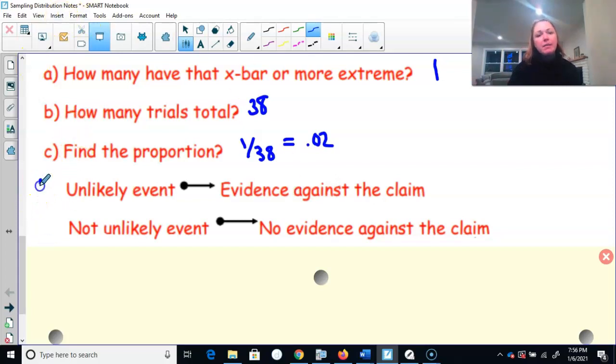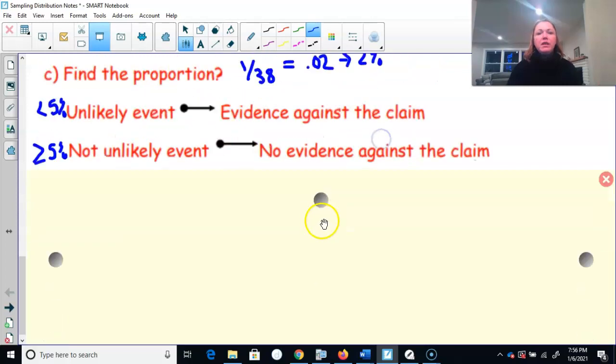Our benchmark is that something has to be less than 5% in order for it to be unlikely. If something is greater than or equal to 5%, it is not unlikely, and we have no evidence to refute that claim. It's just natural variation. Well, 0.02 is 2% if we change it to a percentage. So we have an unlikely event. That shouldn't have happened, right?